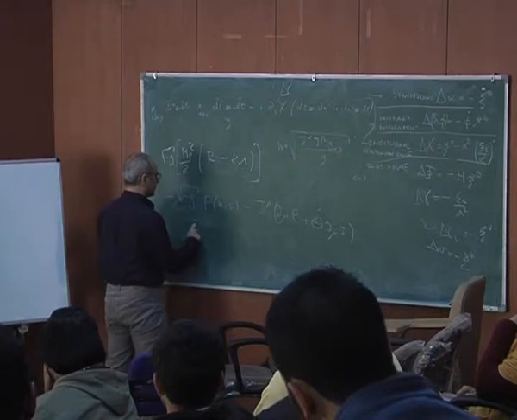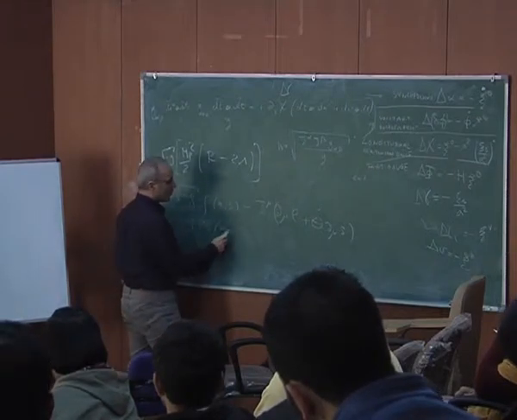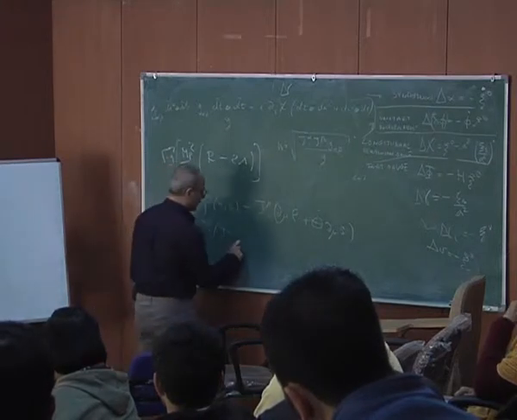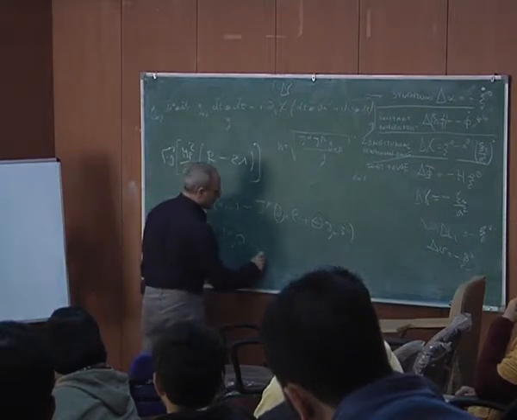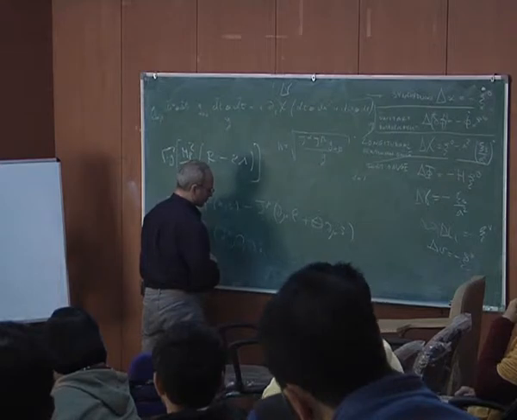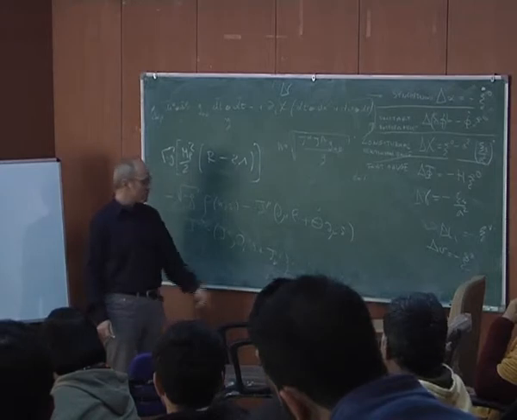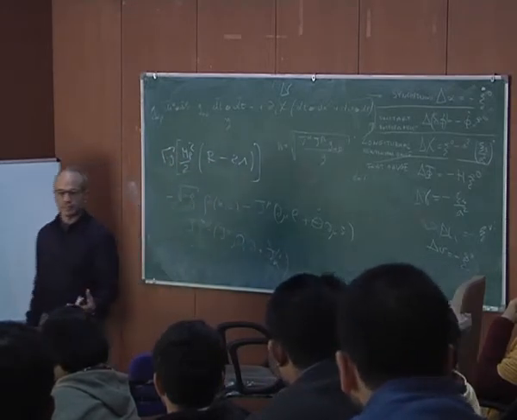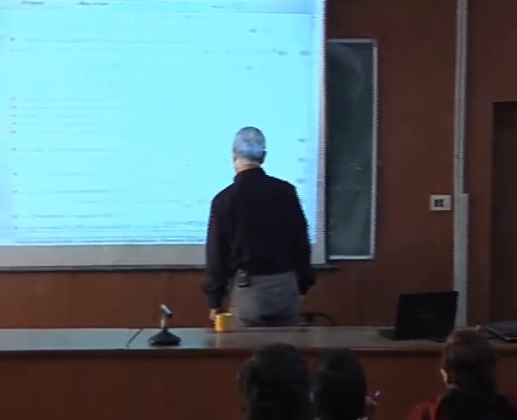And J mu is a 4-vector, so a 4-vector will have the 0 component, which will be a scalar, I will have dj, plus a purely vector component. But this one I forget because I'm studying the scalar modes. It's also possible, let me see if I did it. Yes.